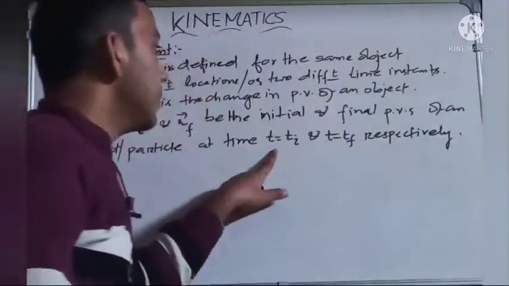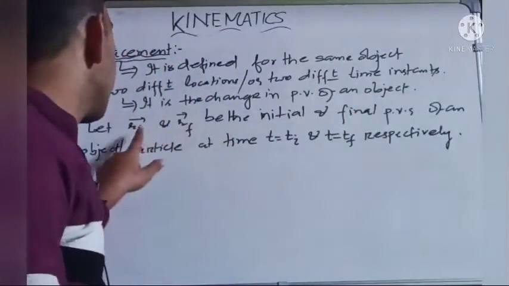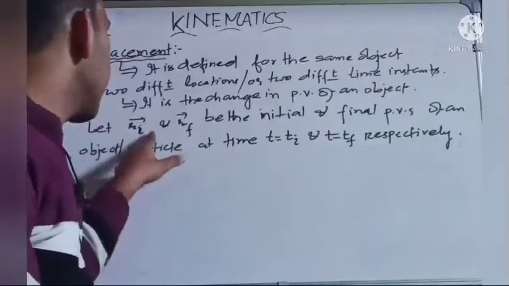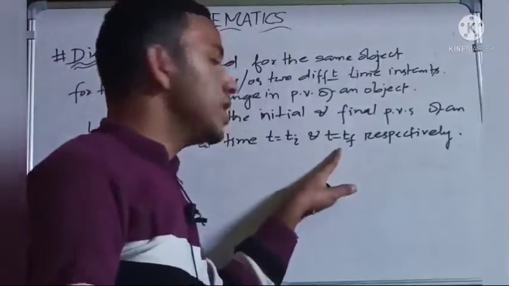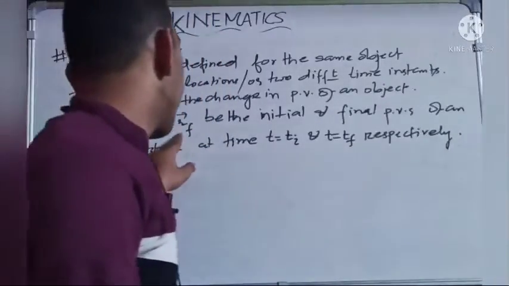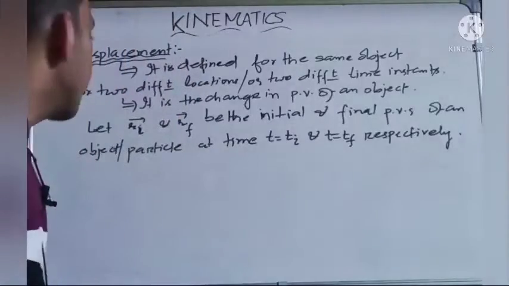That means at time t equal to t initial, the position vector of the particle is Ri vector, and at time t equal to t final, the position vector of the particle is R final.